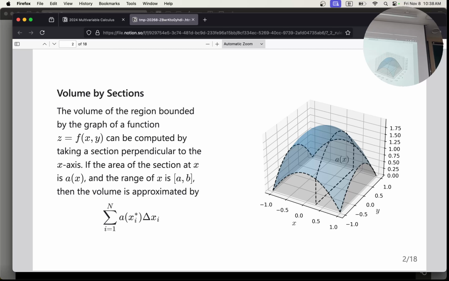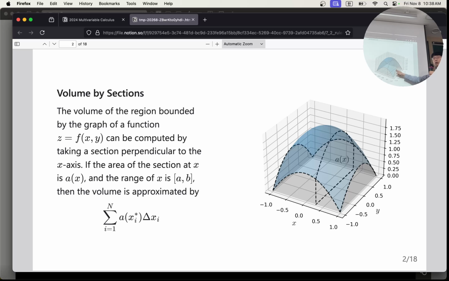One way of doing that is you cut this volume into thin slices of smaller volumes, and then sum them all the way up from the left limit to the right limit. So let's say I take the slice at x, meaning that I take a plane perpendicular to the x-axis at x position. Then I take the slice.